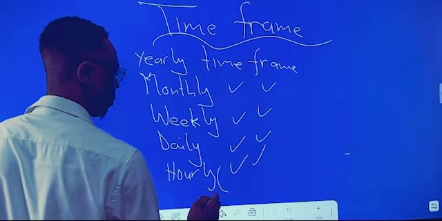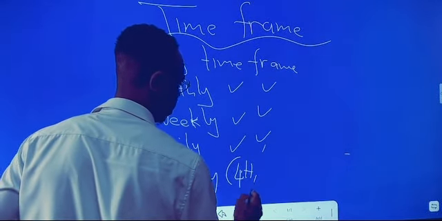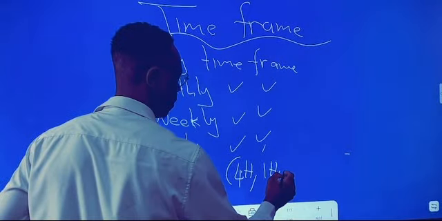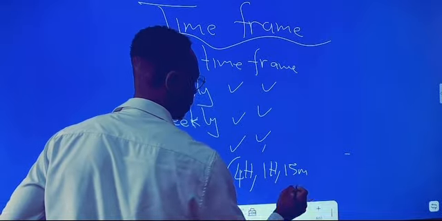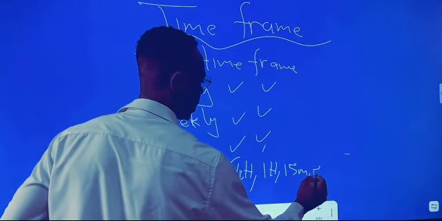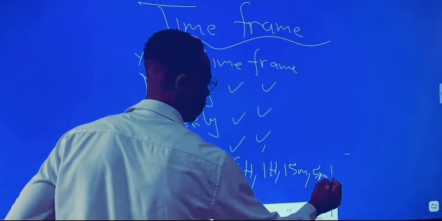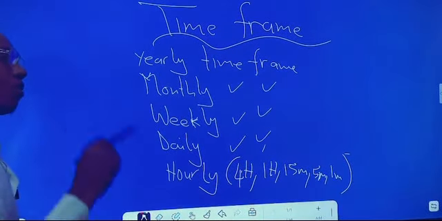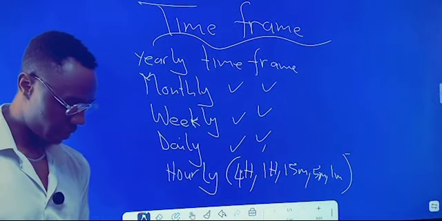For example, we can start from 4 hours. We have 1 hour, 15 minutes, 5 minutes, 1 minute. We even have 1 second and 2 seconds. We have all of them.